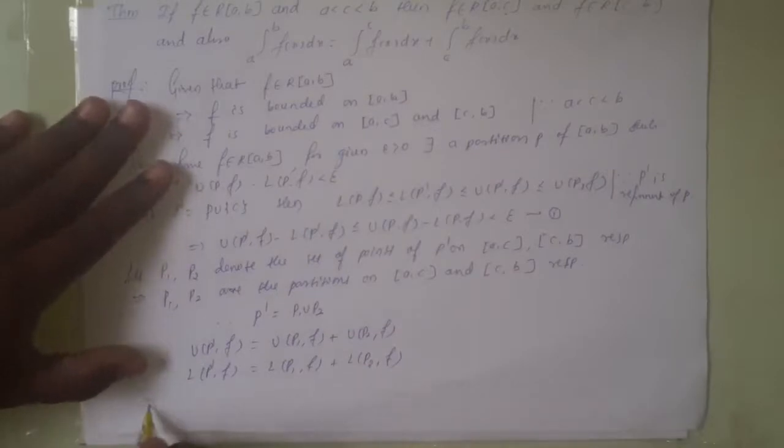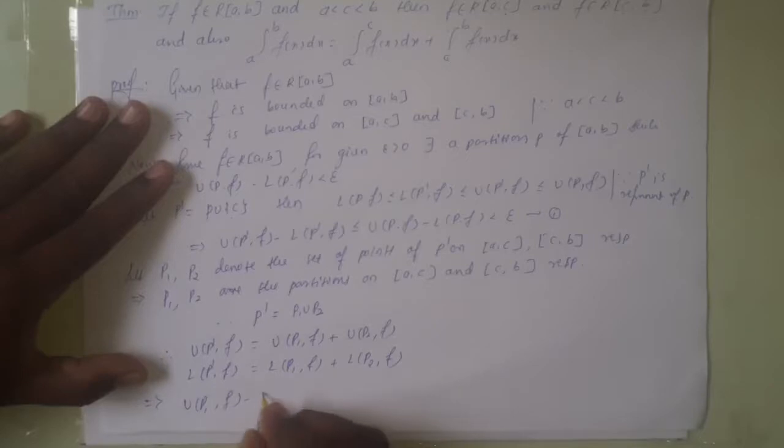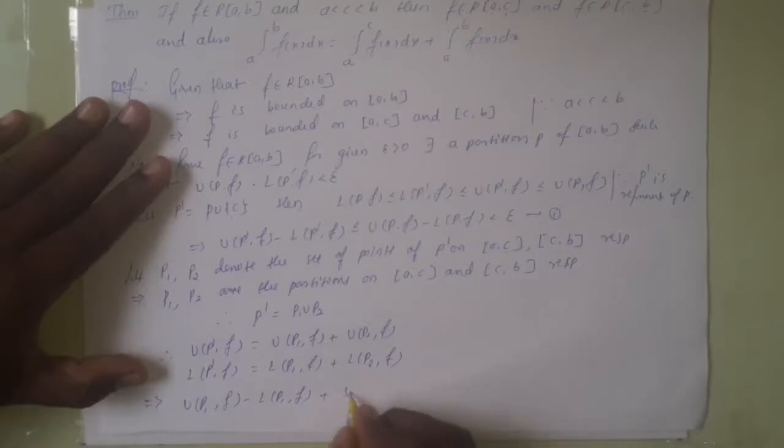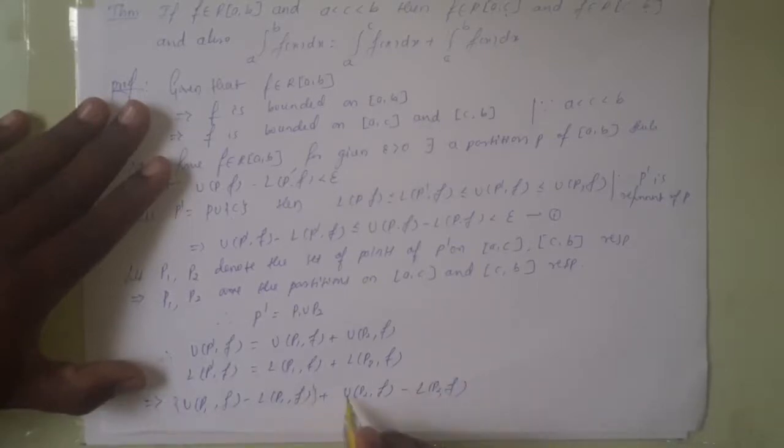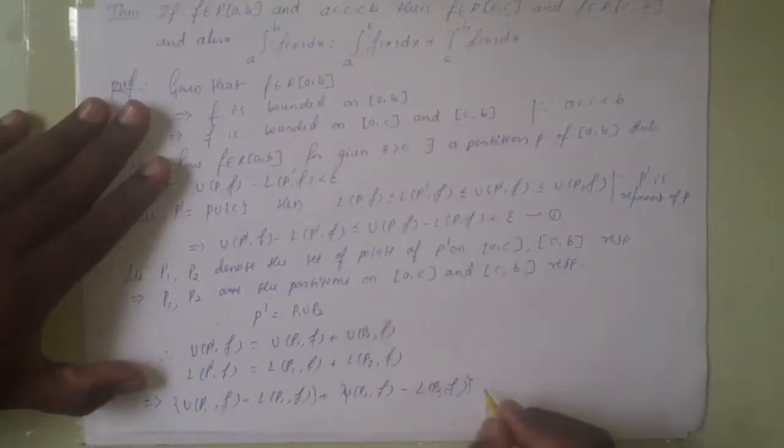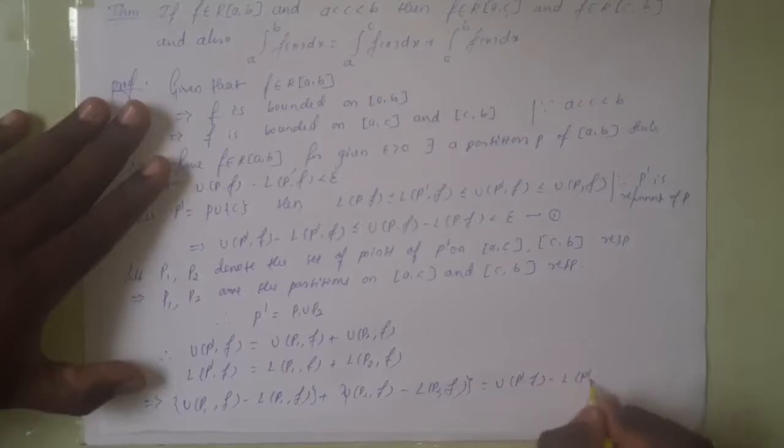Now, subtracting this one, it is U P1 F minus L P1 F plus U P2 F minus L P2 F. So, here subtracting these two equations, this is equal to U P dash F minus L P dash F, which is less than epsilon.